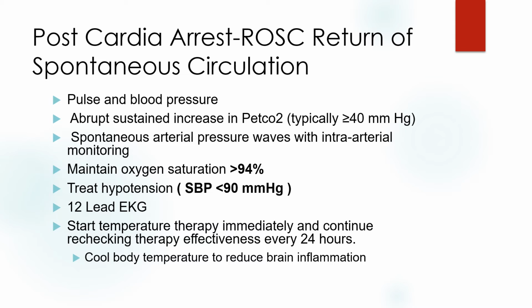This patient will be normally on cardiac monitoring, but this 12-lead EKG might just give us an extra peek into the picture of what's happening. We're also going to start temperature therapy. So basically, we're going to cool the body down to help prevent and reduce brain inflammation that occurs after cardiac arrest.